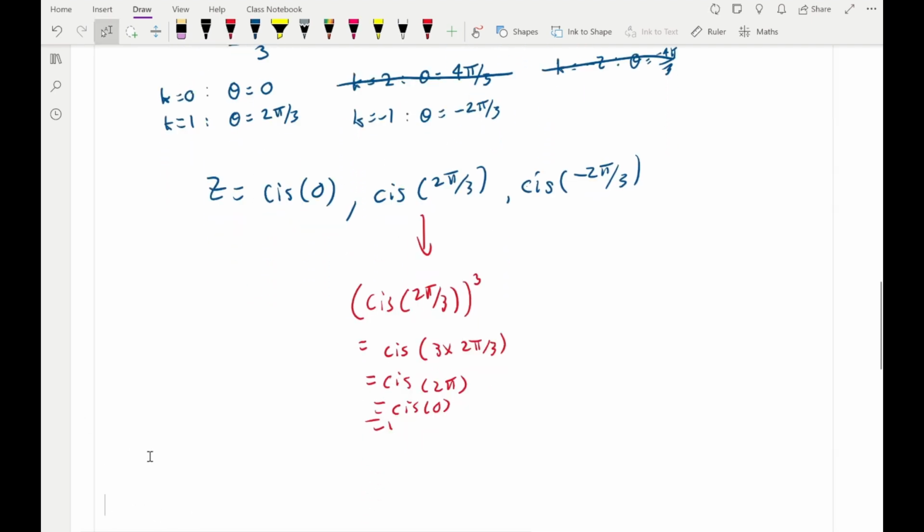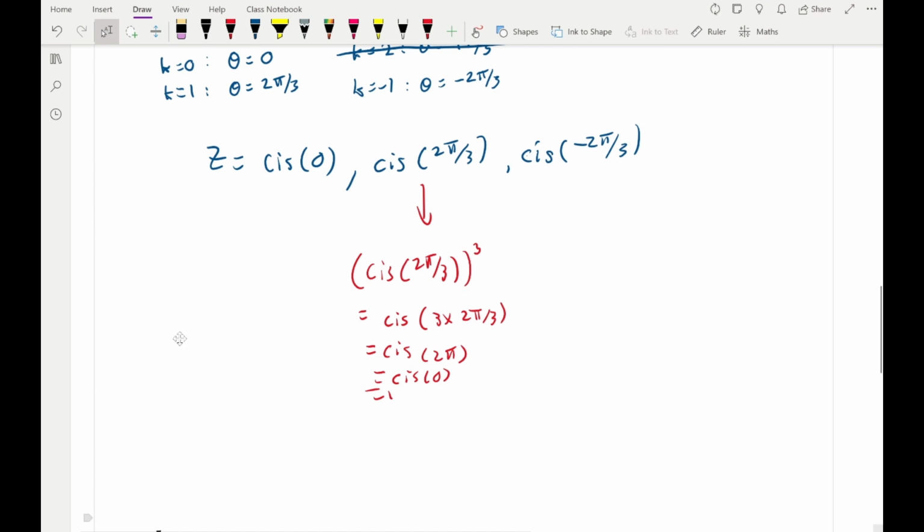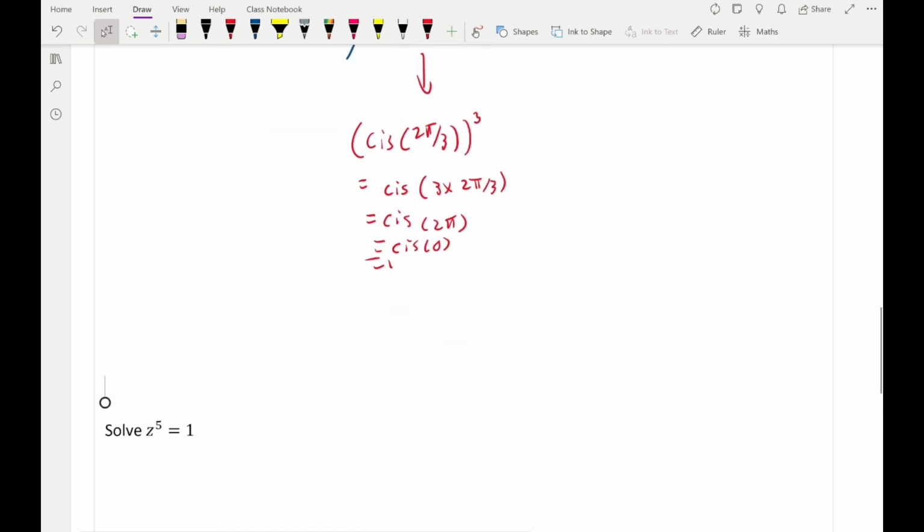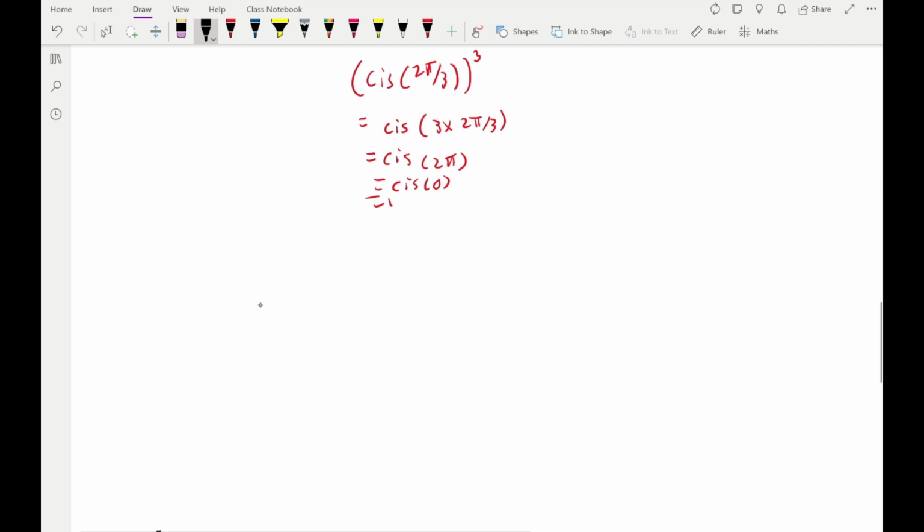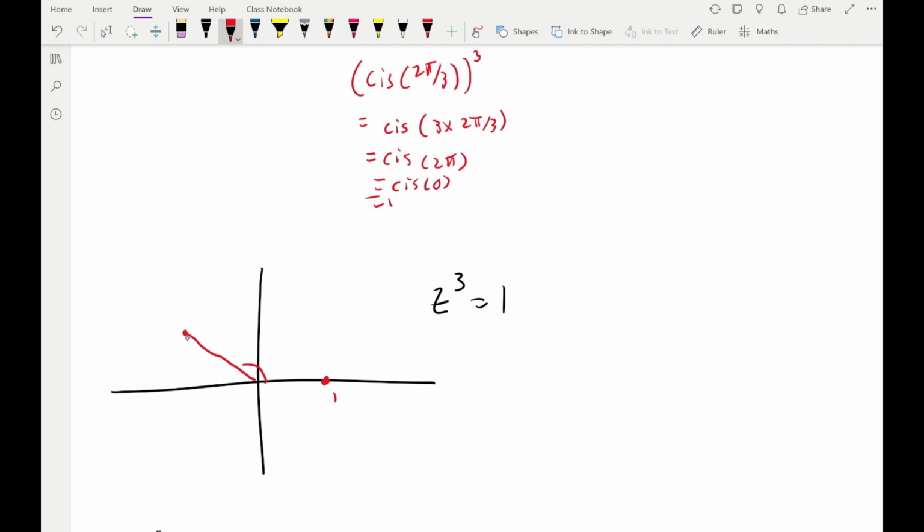And if you draw them on the complex plane, it ends up being pretty cool. So you've got your complex plane sitting here, and we're trying to solve the equation z cubed equals 1. We've got one answer sitting there, which is 1, since 1 cubed equals 1. Now, cis of 2 pi over 3 sits out like here with an angle of 2 pi over 3.